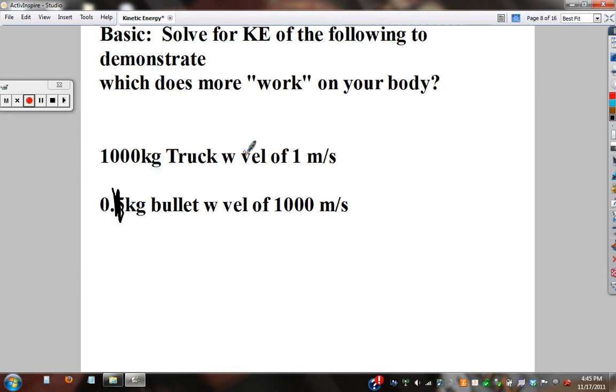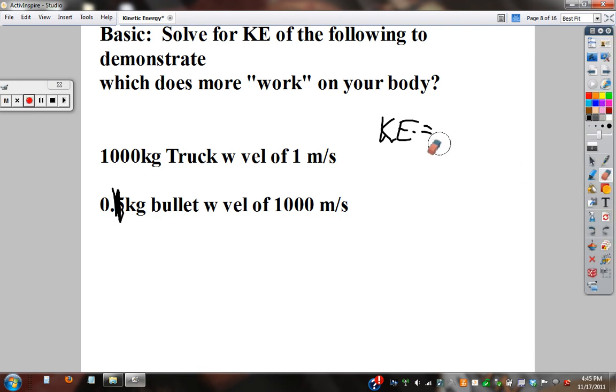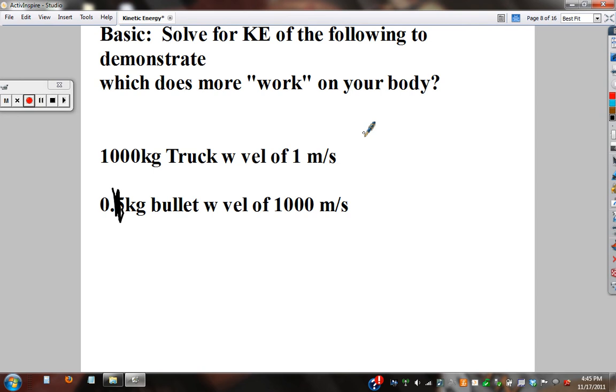You can solve this mathematically using the formula, or you can just describe your knowledge of the kinetic energy formula to describe why. Well, I mean, come on, the truck's worse because velocity is squared, or you can actually solve it and prove to me the difference. Let's practice using the formula and also demonstrating this principle that we just talked about.